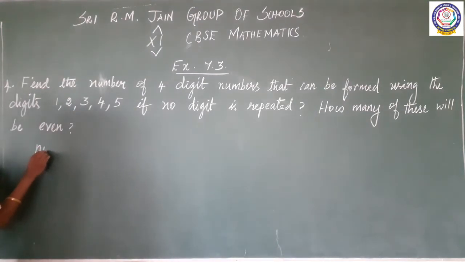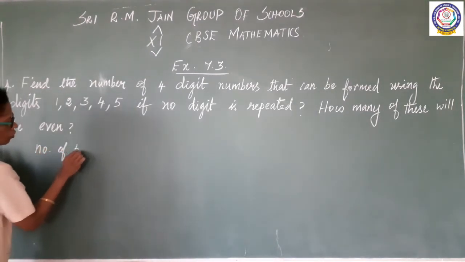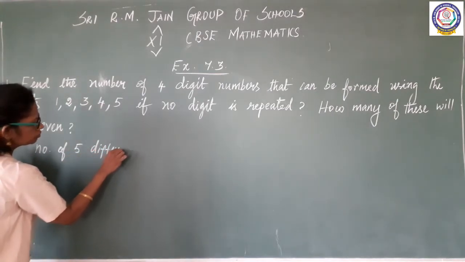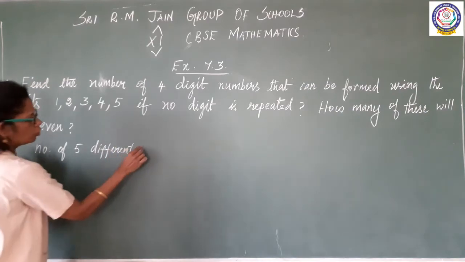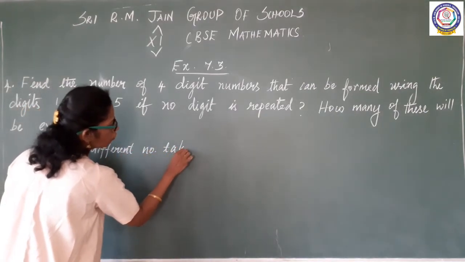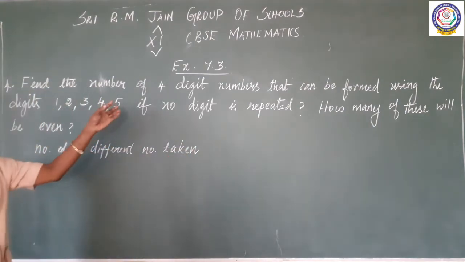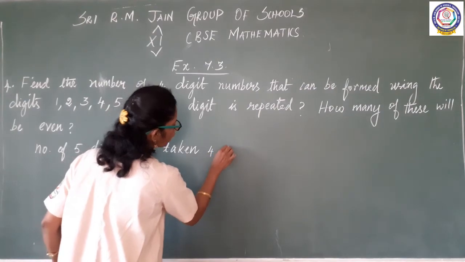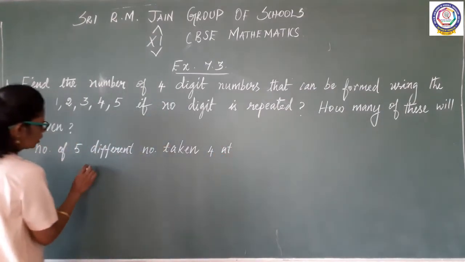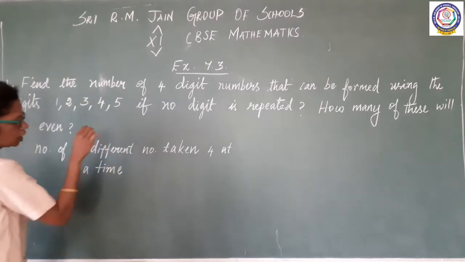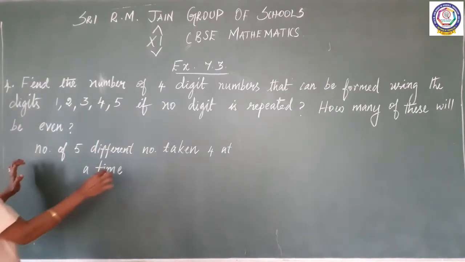Now the number of 5 different numbers taken how many at a time? Because we need a 4-digit number, taken 4 at a time. That means what is the answer? How to write that?